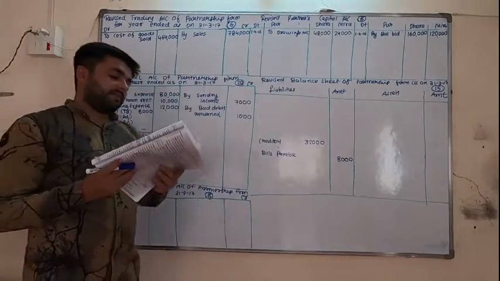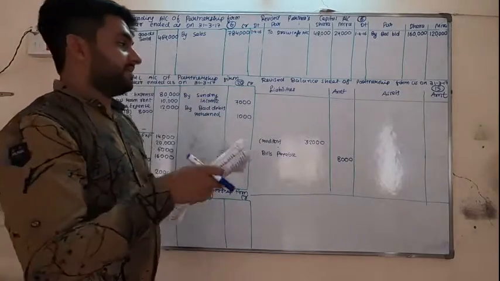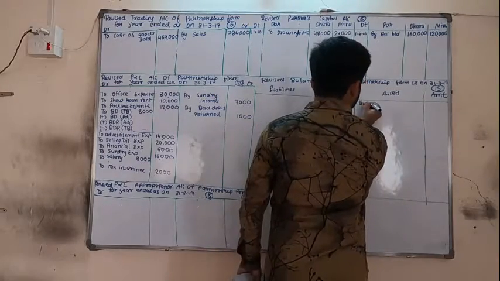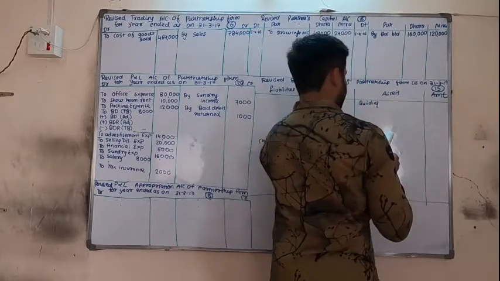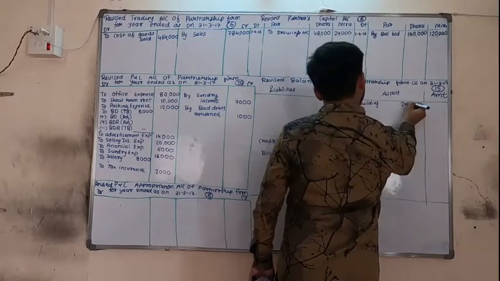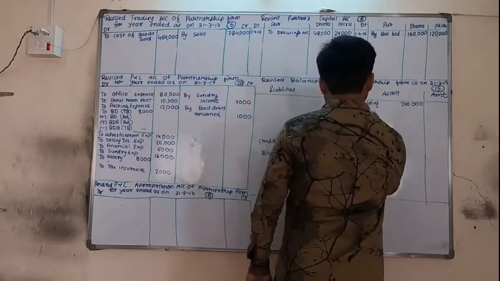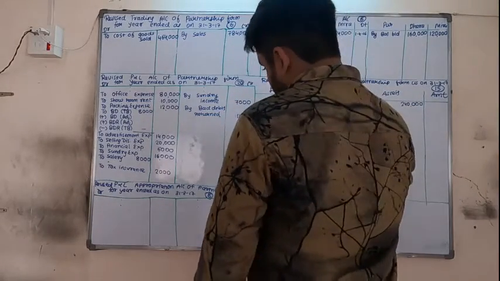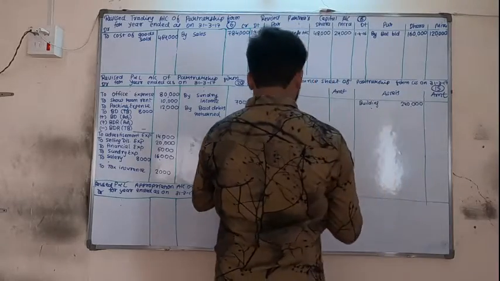Now we are going to the asset side, building. They all are on the asset side itself, but some adjustments are required for them. Building, in the inner column, we will write 2,40,000. It has an adjustment. Space is a little less, no problem, I will adjust that.